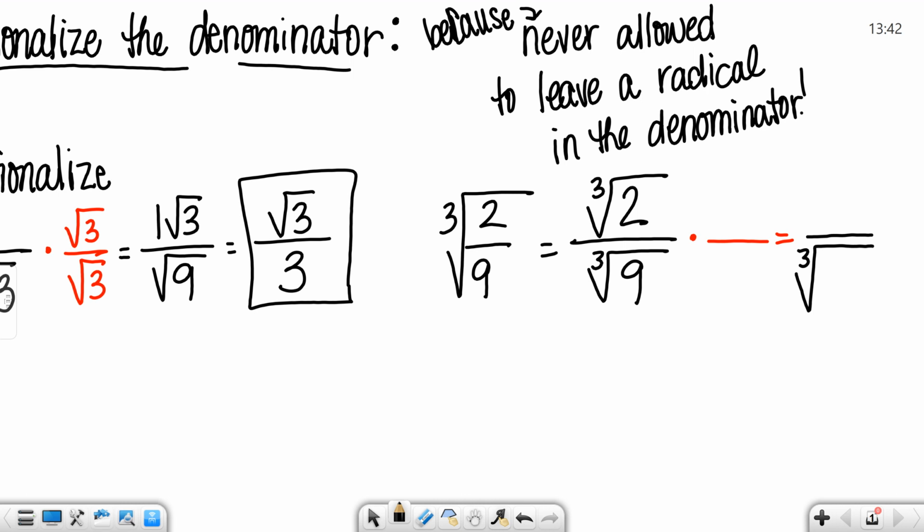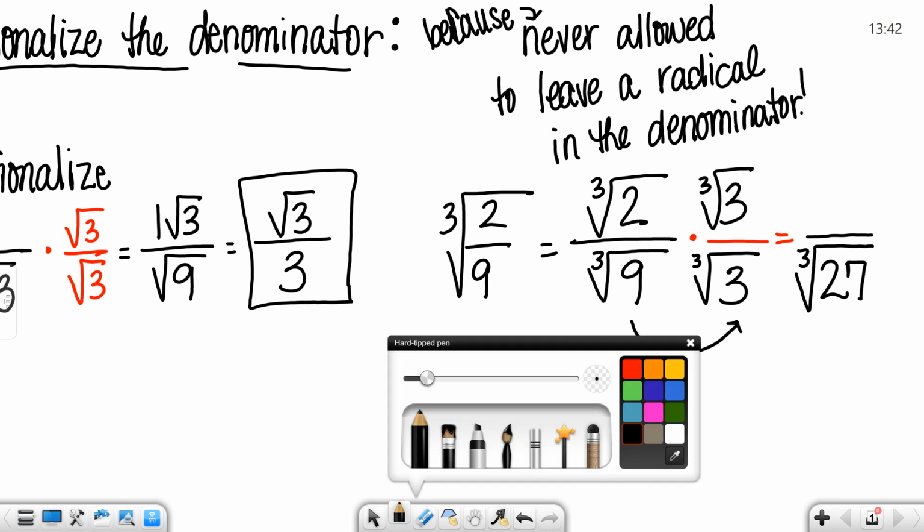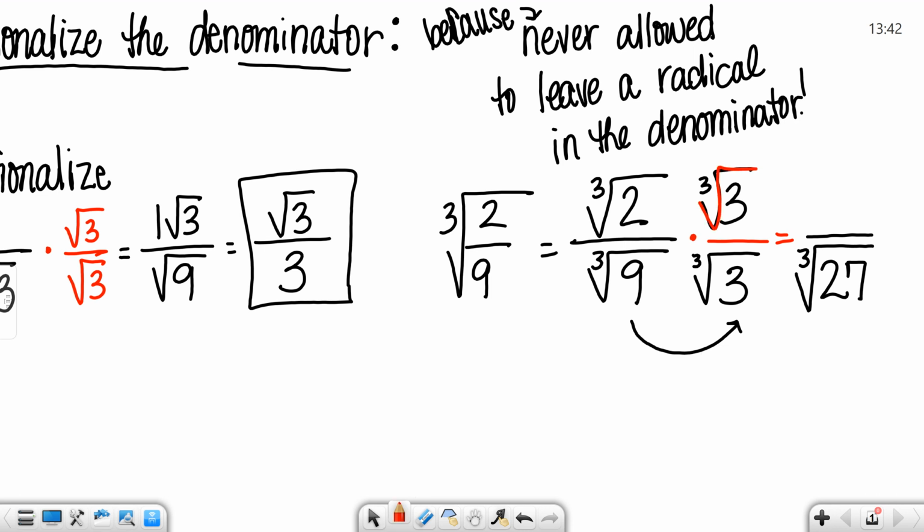I can take the cube root of 27. So there's my number. When I multiply 9 times this number, I want to get 27. So that has to be a 3. I know for some of you, you're like, what just happened? Okay, so we're multiplying the numerator and the denominator this time by the cube root of 3.